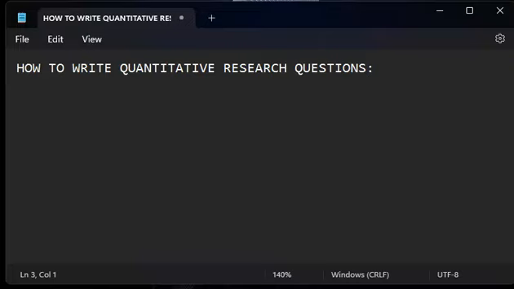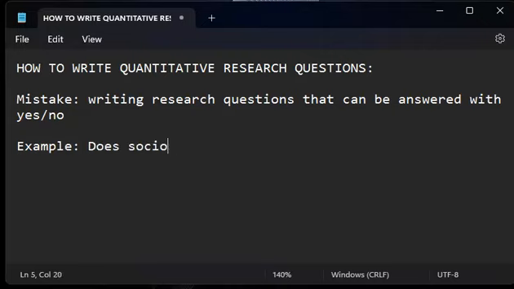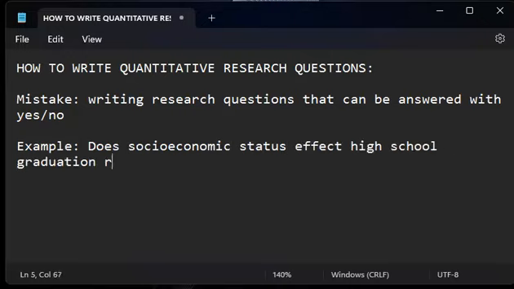One big mistake that I often see folks make when writing research questions is writing research questions that can be answered with yes or no. An example might be, does socioeconomic status affect high school graduation rates?